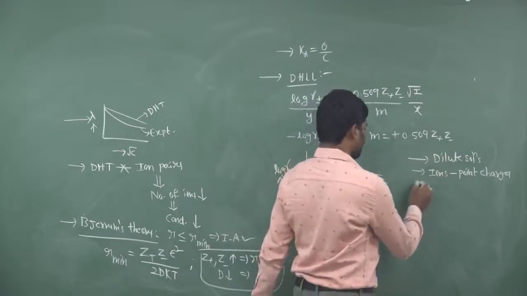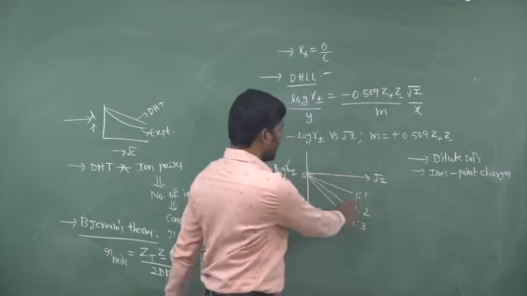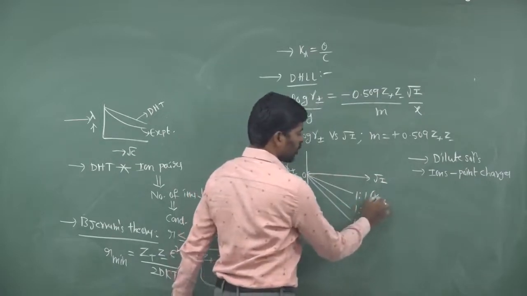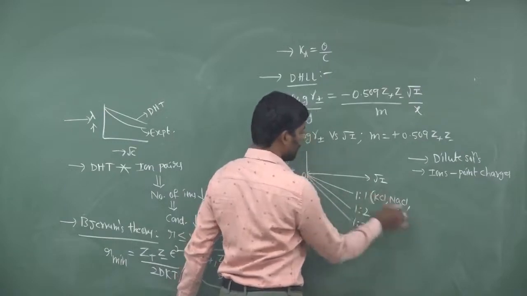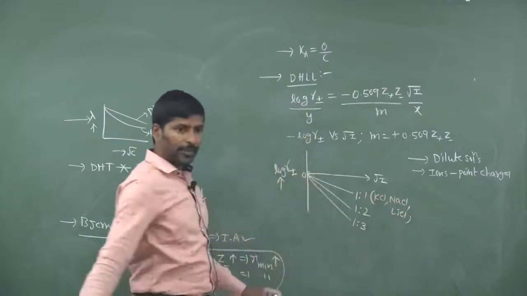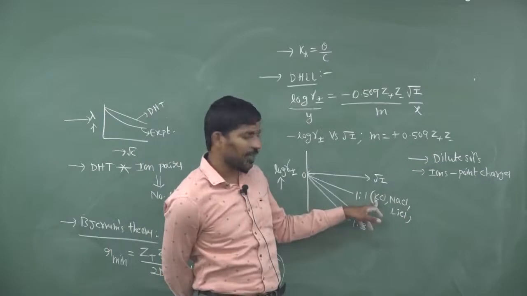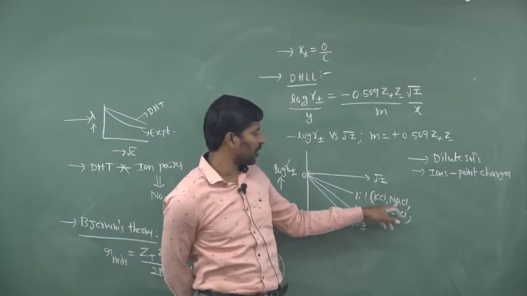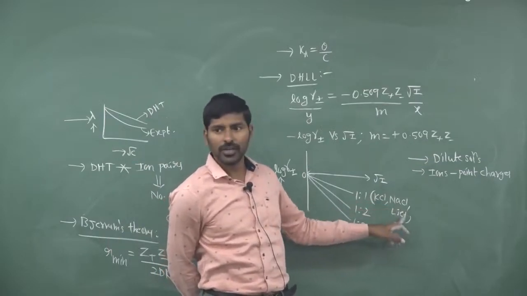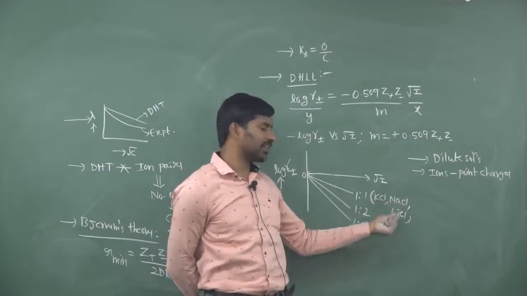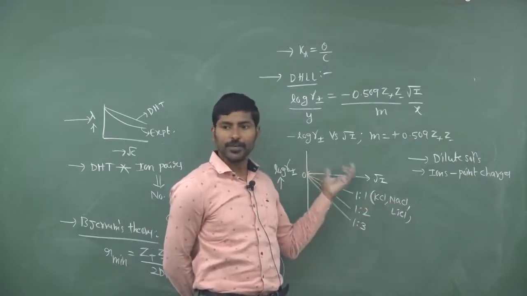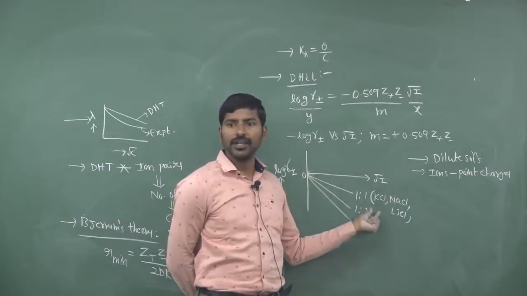Okay, next one. The nature of plot is the same for KCl, NaCl, LiCl according to the Debye-Hückel limiting law. Here the charge number on cation and anion is 1, 1. Here also 1, 1. Here also 1, 1. That means the nature of plot is the same for KCl, NaCl, LiCl according to the Debye-Hückel limiting law, but experimentally it is different.